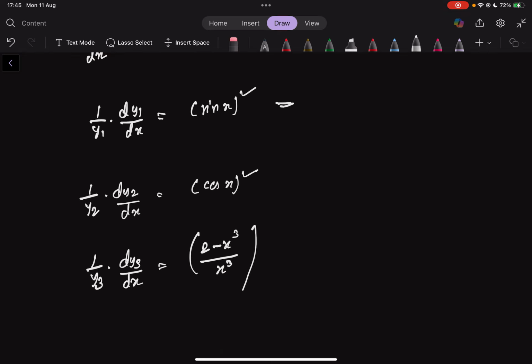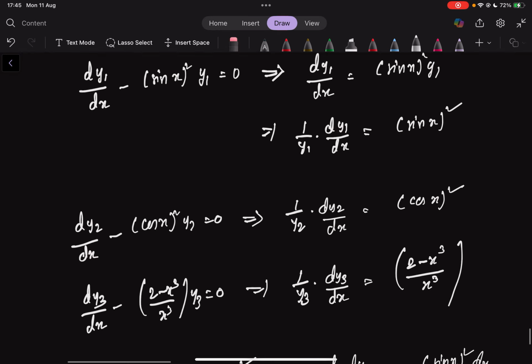So this implies (1/y1) dy1 equals (sin x)² dx. Another way of seeing this is that when we add these, sin² x and cos² x are there, so we get a simple polynomial function instead of integrating sin² x and cos² x.